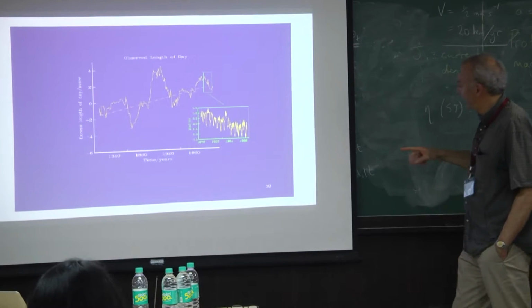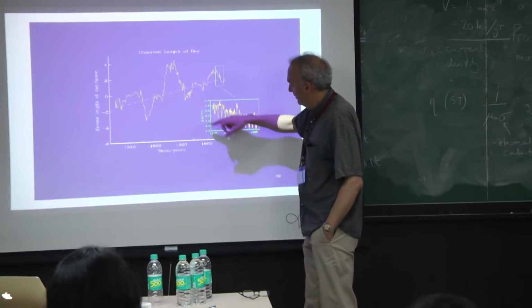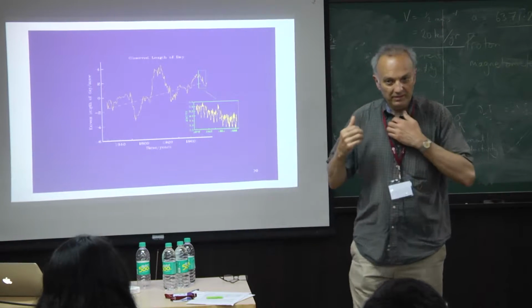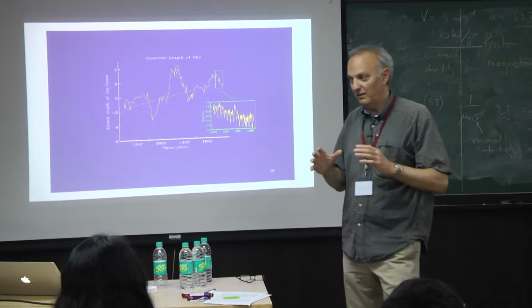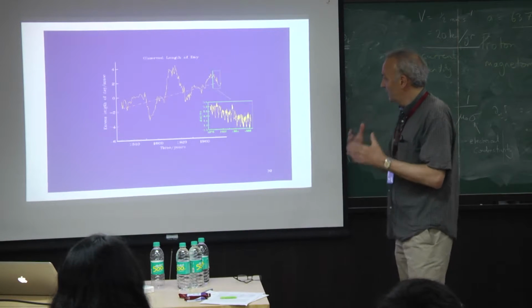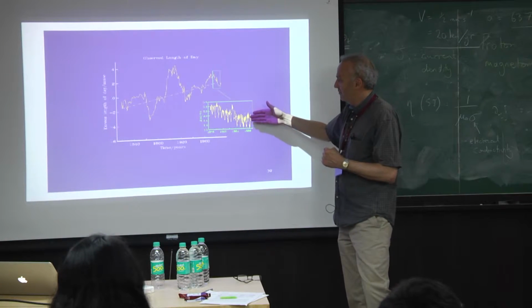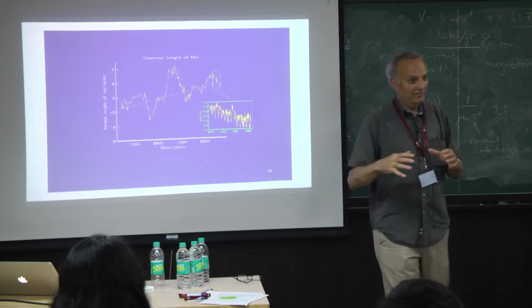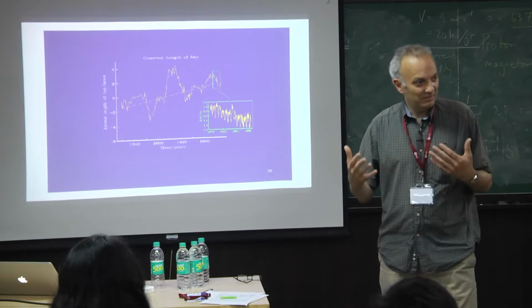In fact, there's some fantastic work from the 80s where they started to measure the actual zonal winds in the atmosphere, so you can actually work out how much angular momentum there is in the atmosphere, and when you compare that to the angular momentum that you are losing from the solid Earth, you find that the agreement is quite spectacular.